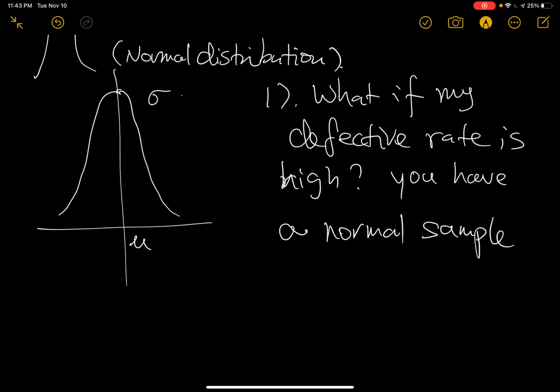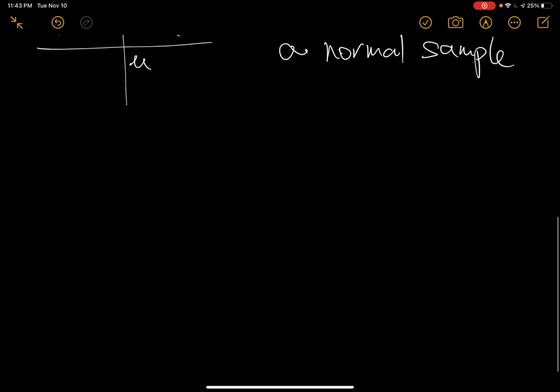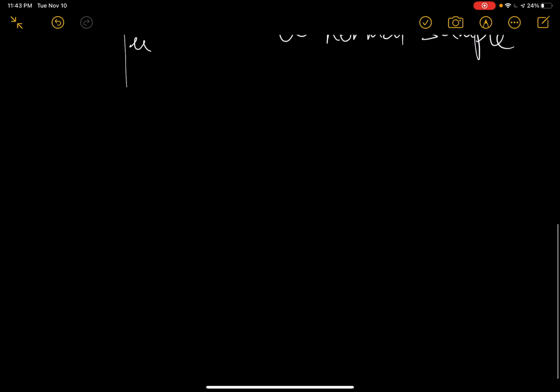What if that? So that basically says, look, I got a process, I got a factory. So what is that supposed to mean? Let me show you. Okay, now I'm going to draw a normal distribution.